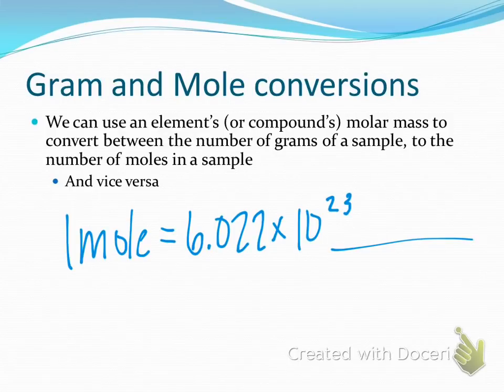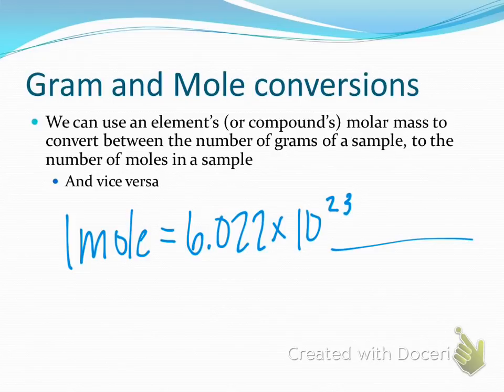Okay, so it's a huge number. If we had a mole of baseballs, it would take up the whole school. You've got millions and millions and millions of baseballs. Okay, so 1 mole of anything is 6.022 times 10 to the 23rd of that object.